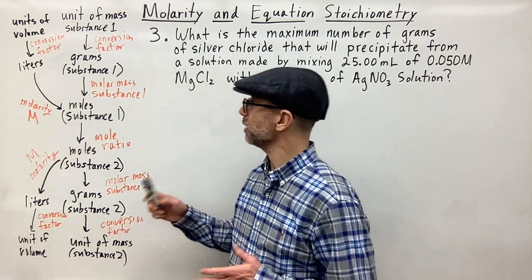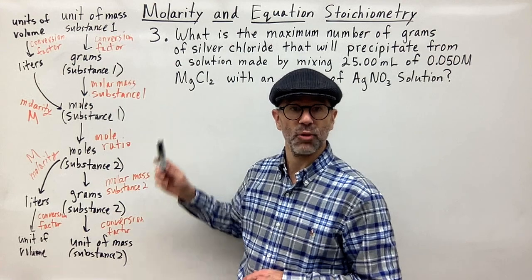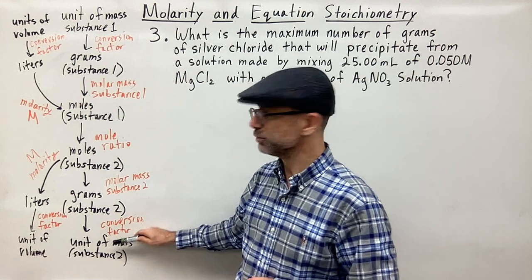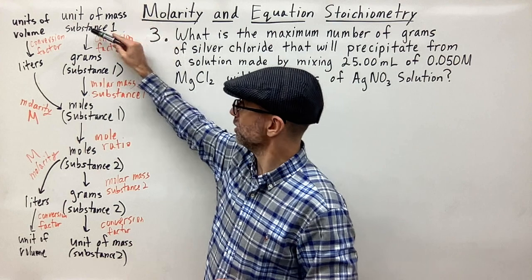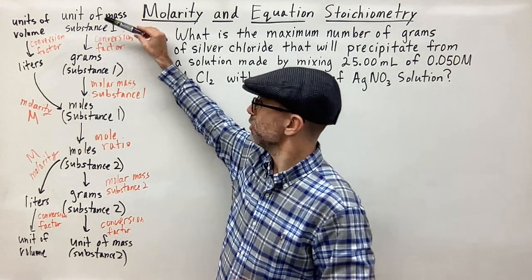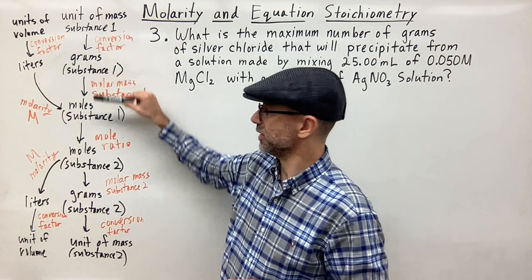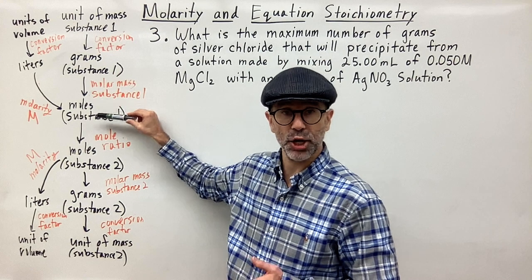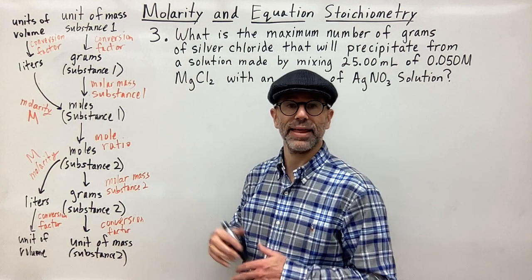So again, previously in other problems I've done, we do a mass to mass conversion where we are given a unit of mass and we convert from that unit of mass to grams if we don't have grams, and then to get the moles. And then from here, you can use the mole ratio in your balanced equation and then go from there.